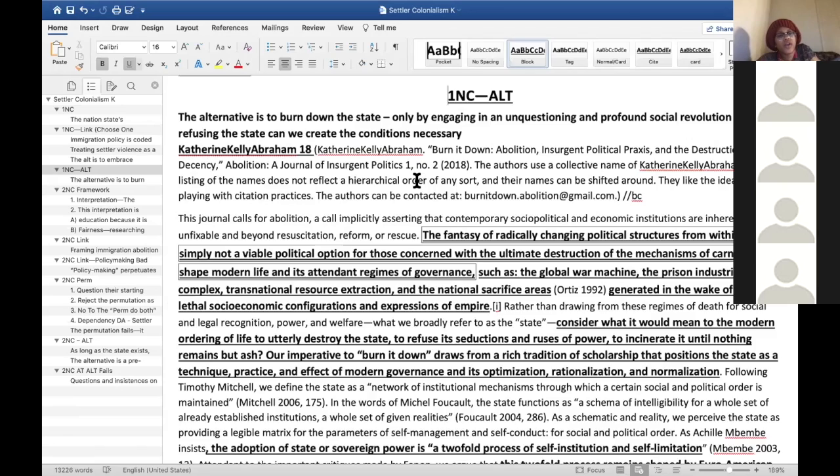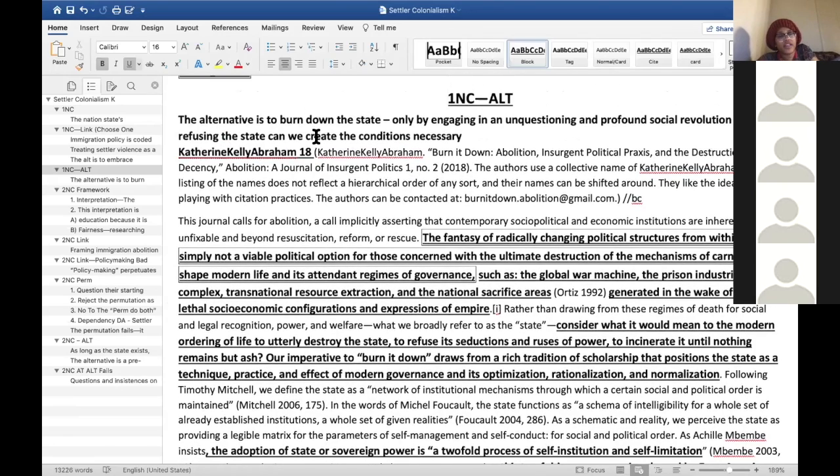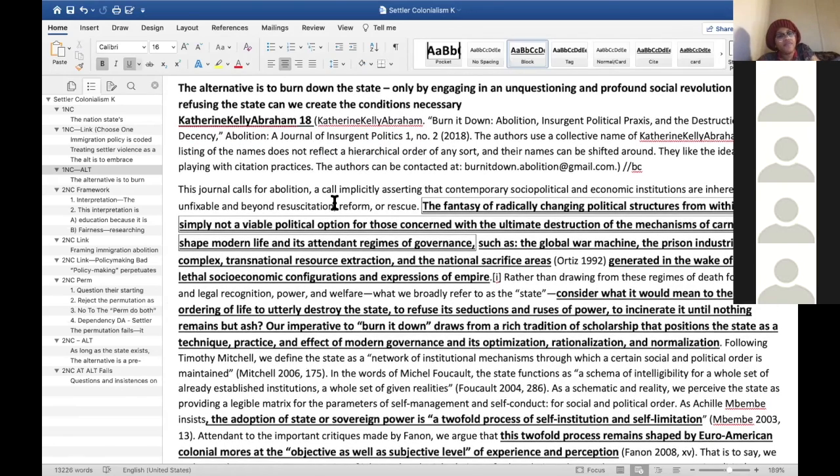One of the things that is important about understanding burning down the state is that if that's true, that means that ICE automatically would be going away, which means that this is an example of a plan inclusive alternative, which is, have y'all heard of a plan inclusive counterplan before?